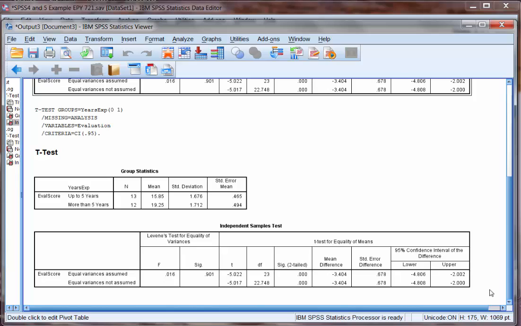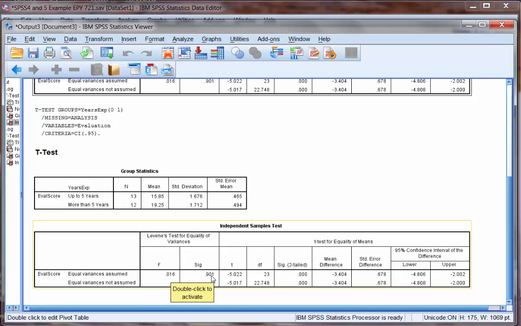The nice thing is that SPSS automatically runs the test both ways. It runs it with the equal variances being assumed and the equal variances not assumed. But you have to know which of these two lines to use when you report out. In this case, my ratio is very, very low.